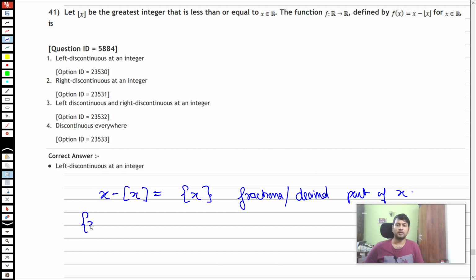So the decimal part of x, for example if x equals 1.5, is 0.5. If x equals 1.7, then the decimal part of x is 0.7.